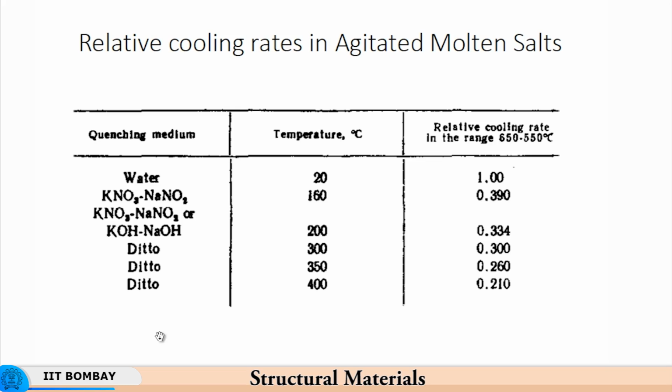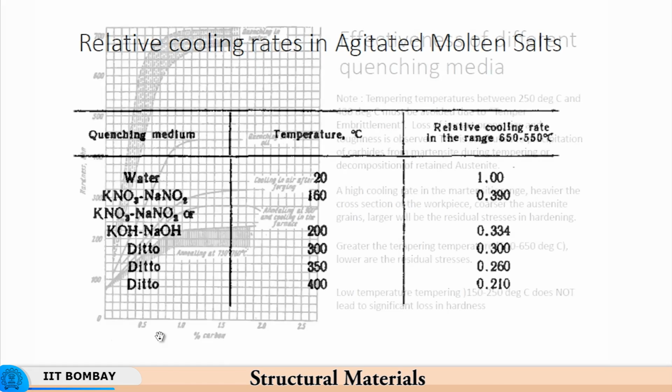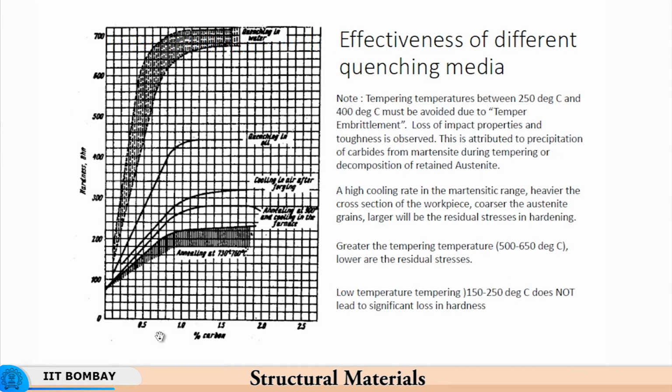And at 400 degrees centigrade, a potassium hydroxide sodium hydroxide mixture would give you a very small cooling rate. So, the cooling rates are dependent upon the nature of the bath and the temperature at which it is maintained. For example, potassium hydroxide sodium hydroxide can be maintained at 200, 300, 350, 400 degrees, and the corresponding cooling rates are reduced. So, the sum total of effectiveness of different quench media is given here.